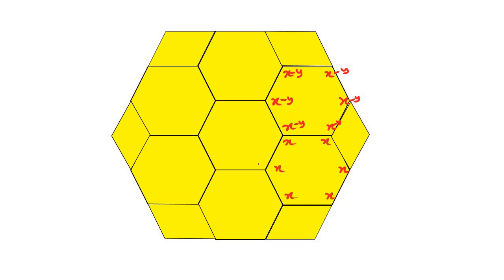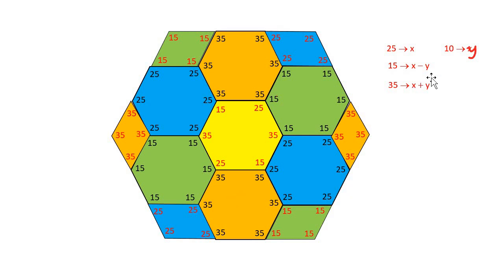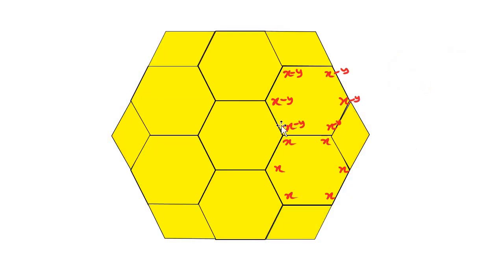And then we have the number 35, which is basically x plus y, right? So we have this x plus y, x plus y, x plus y, x plus y. So you can construct the same type of pattern but using x and y.